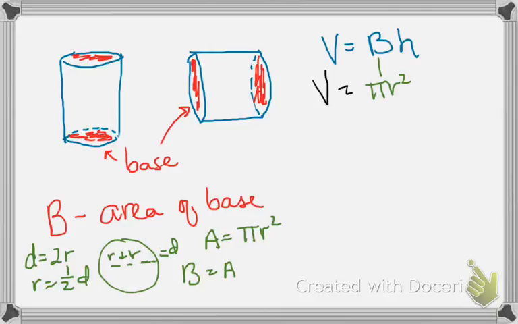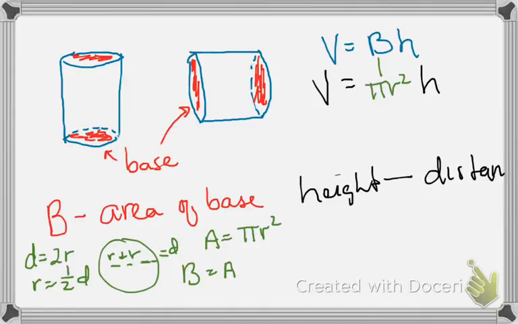So volume equals pi r squared, and then we're going to multiply that by the height. Now let's talk about the height. The height actually is the distance between the two bases.